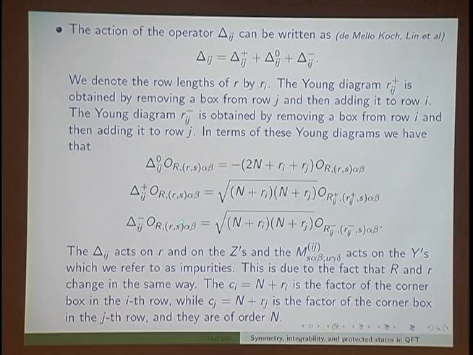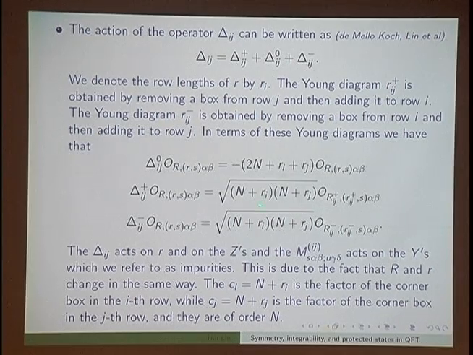Delta_minus will move a corner box in the row i to be a corner box in the row j. So therefore, delta_plus and delta_minus will change the Young diagram by moving one corner box. And so the delta will mix Young diagrams that are related by moving at most one box.